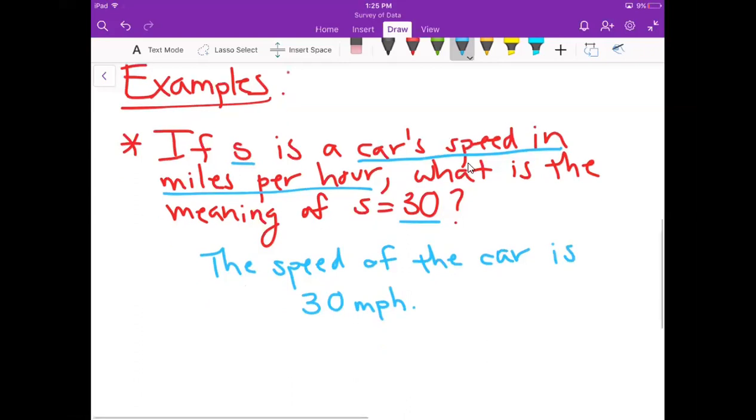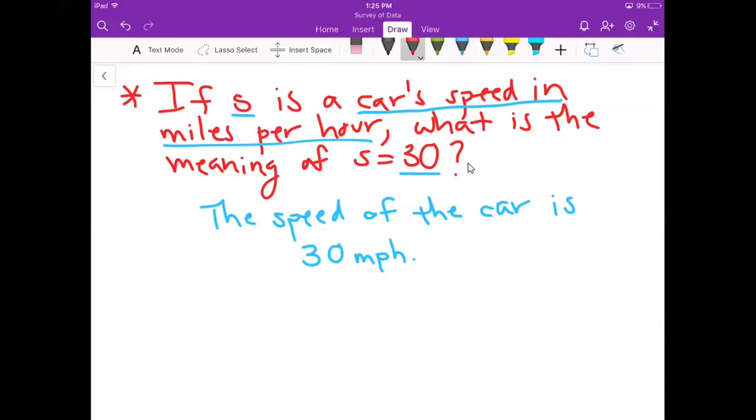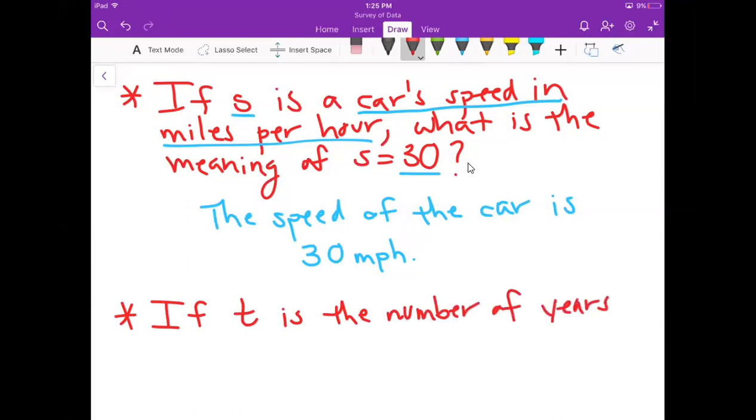Okay, so we're gonna do a little bit of a similar one here, but this one can be just slightly trickier. So I wanna look at this example. We're going to look at another symbol here. This time it's going to be the letter T. If T is the number of years since 2000, and we'll see variables set up like this a lot when we're talking about years.